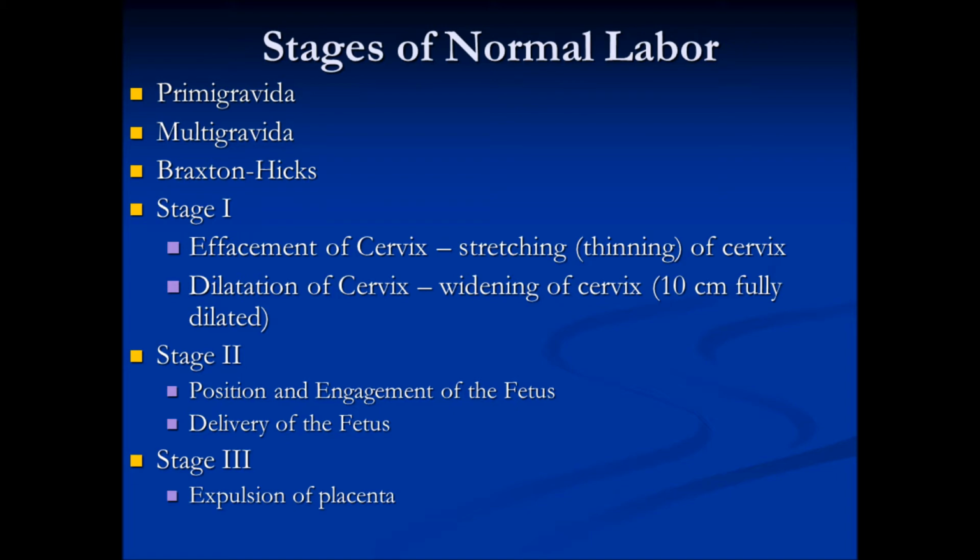Now, the clamping of the umbilical cord is going to vary per facility, and actually may vary with each delivery, depending on what the birthing plan is of mom and dad.